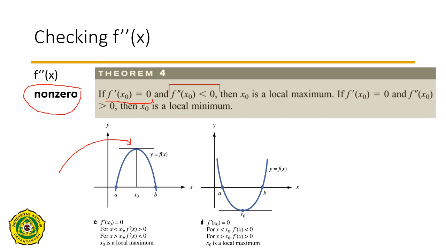The second derivative being negative means that the slope keeps decreasing. Here the slope goes from very positive, positive, 0, and then decreasing, negative, and then very negative. So that's why we can be sure that this point, where the first derivative equals 0 and the second derivative is less than 0, is a local maximum.